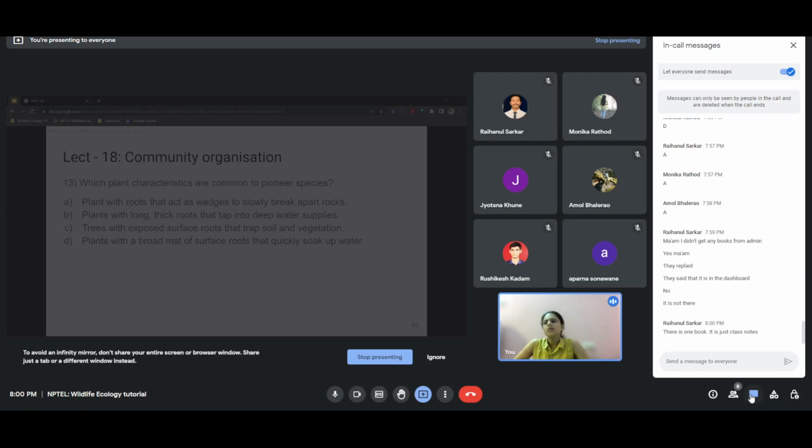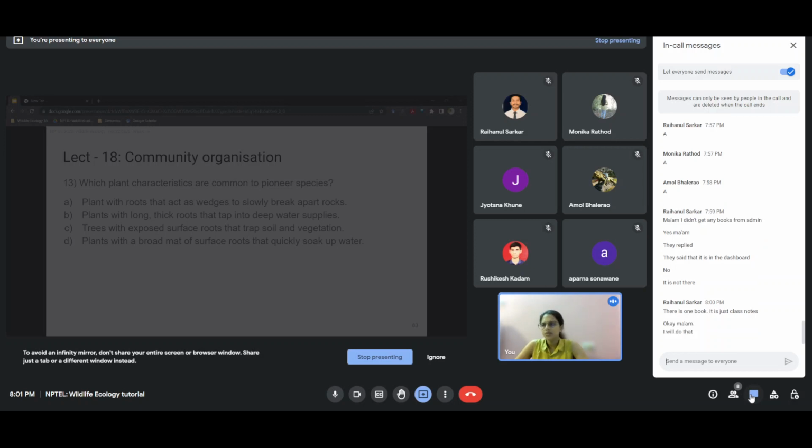So what you can do, Ranil, is reply to their reply and say that you have checked the dashboard and all you can find is a class note, and take a screenshot of what your panel says on the dashboard and tell them that there are no books here and ask if they can suggest or provide some books for reference. You can reply to that same email or maybe just start a new email on the discussion forum. Yeah, sure. Try that and see if that works.